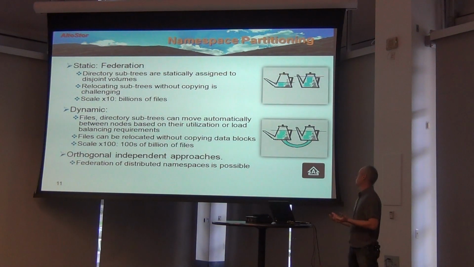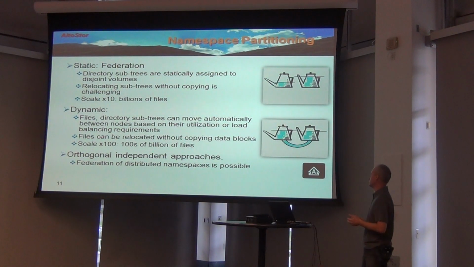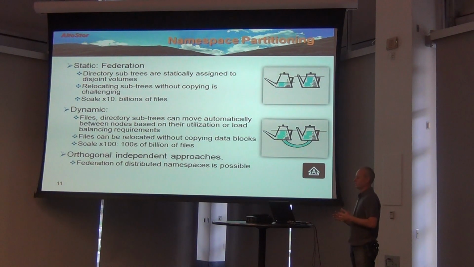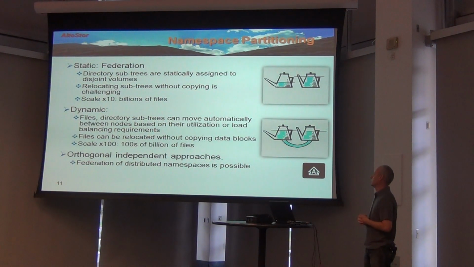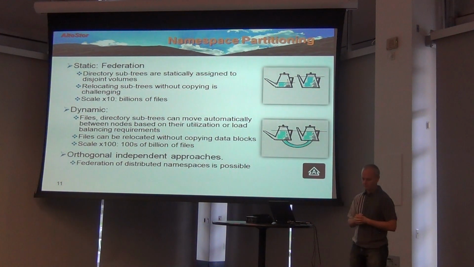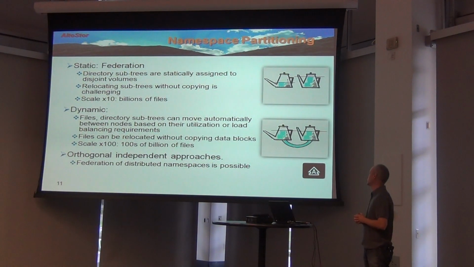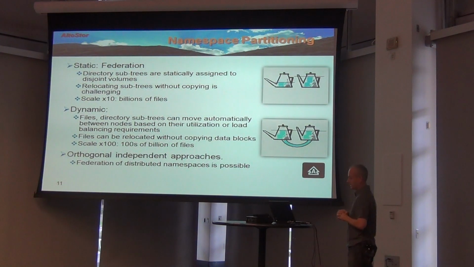So the question is, what's beyond Hadoop version 2, and how to tackle scalability problems there. And we think that a system based on the principle of namespace partitioning is the answer to that. So federation is a static partitioning.